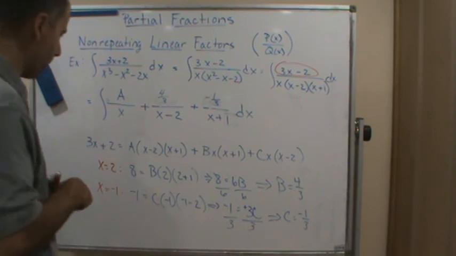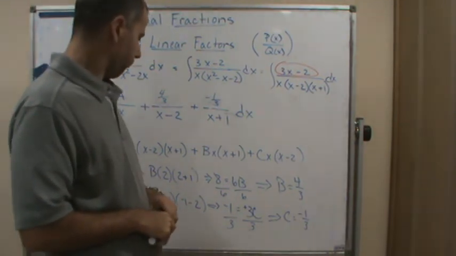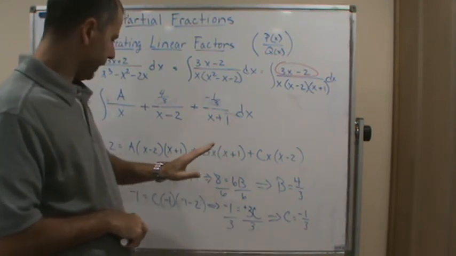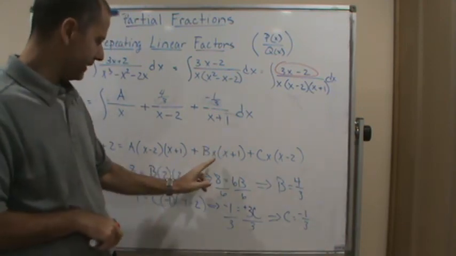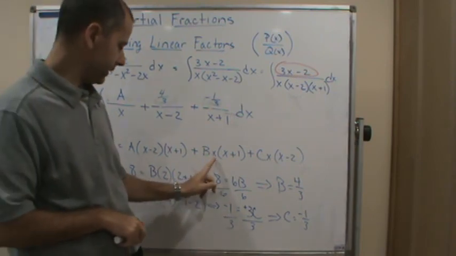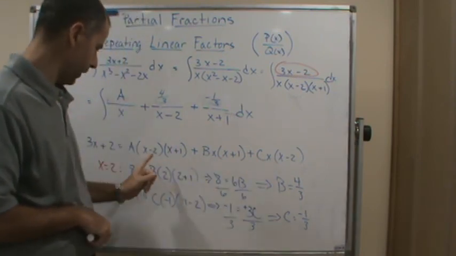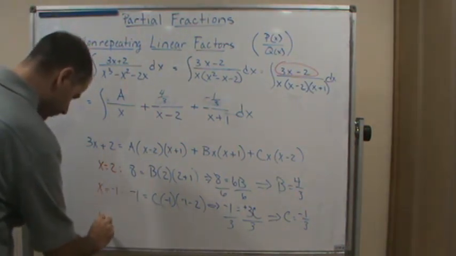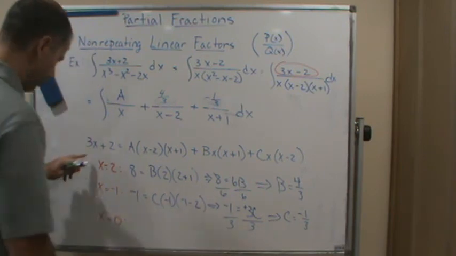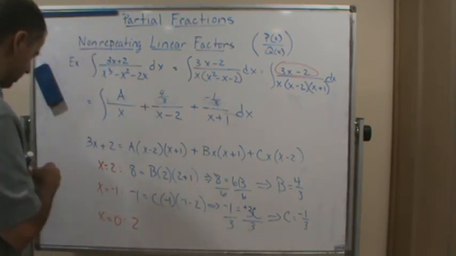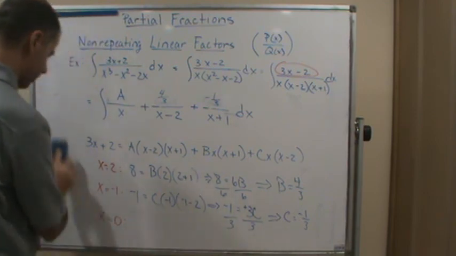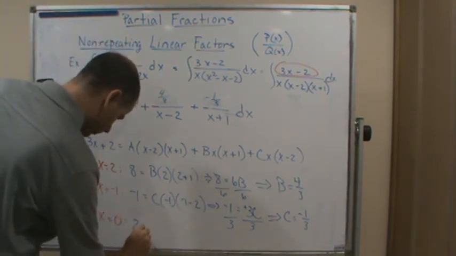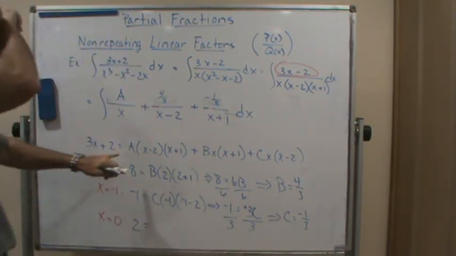And then finally, we want to solve for A. We want to get rid of this 2, so we're going to make x equal to 0, because if x is equal to 0, this term and this term go away and we end up with this term. Over here we get 2. 2 is equal to what?